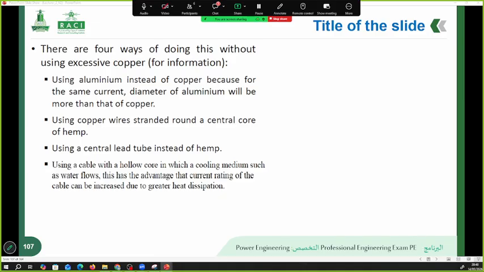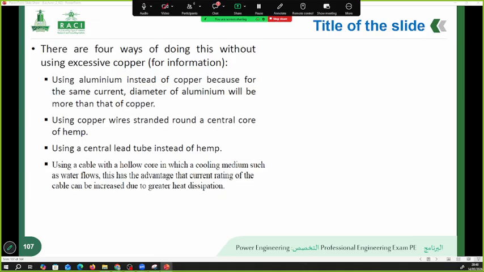By using a non-conductive lightweight material like hemp as a central filler, the copper wires are forced to form a larger overall conductor diameter. This increases the diameter for electrical stress purposes without significantly increasing the amount of copper.